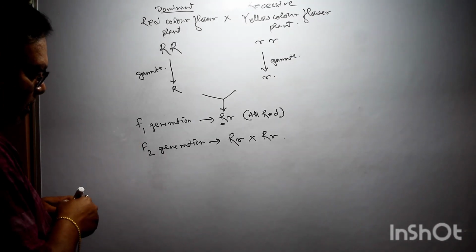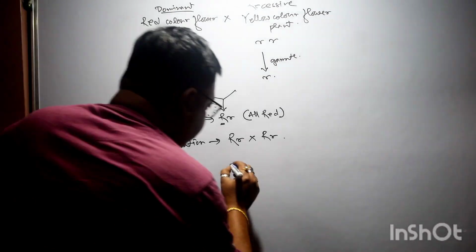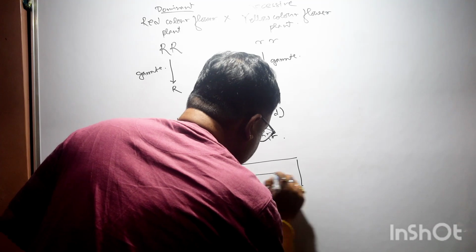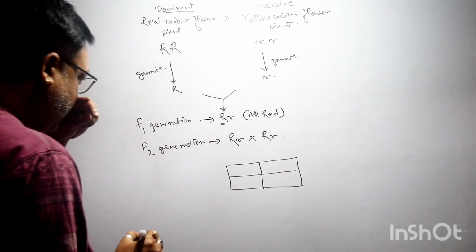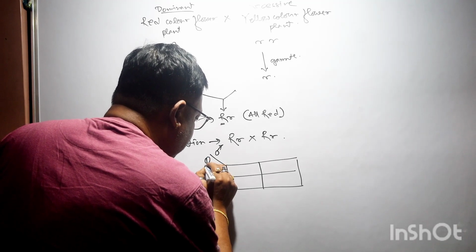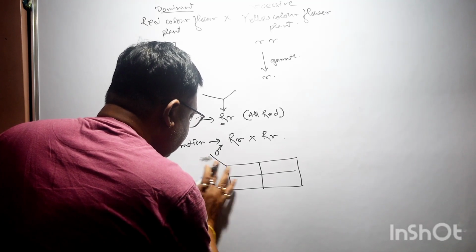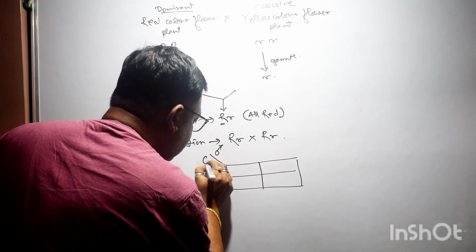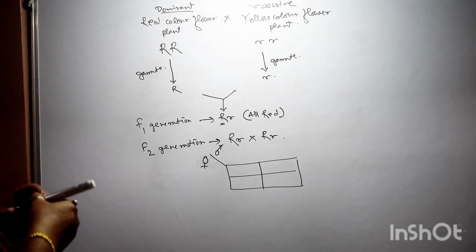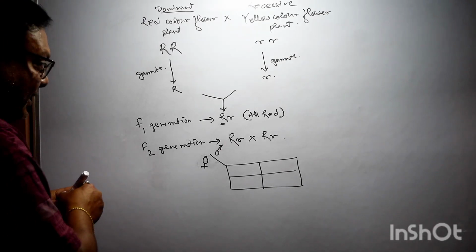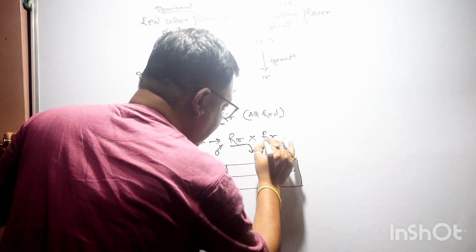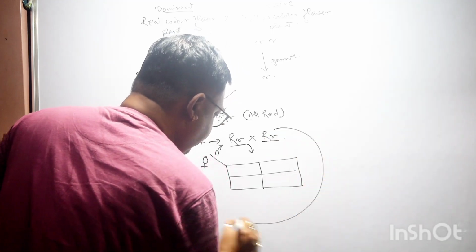Now if we draw the Punnett square, it is a square like structure like this. You can put male and female, which is imaginary. If you don't put this also, there is no requirement for this one. Now this one set will go over here, and this one set will go over here.